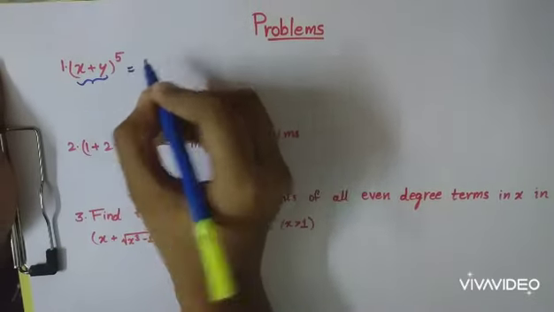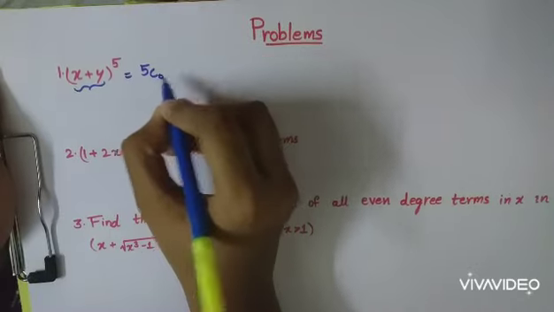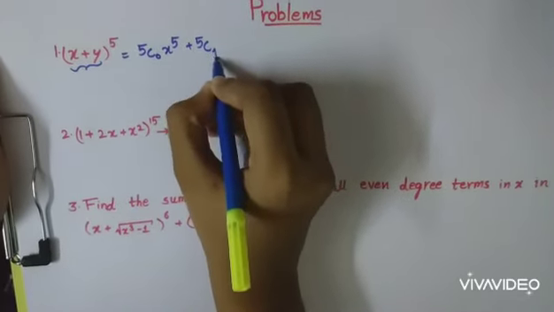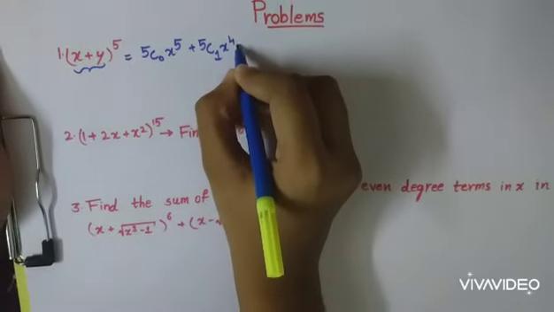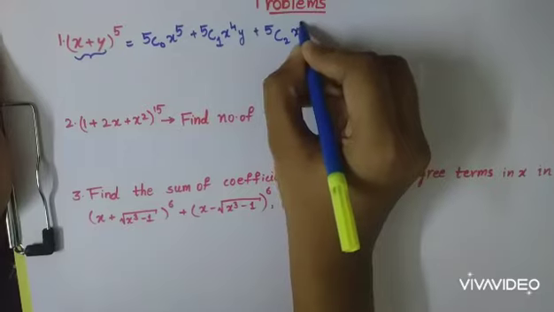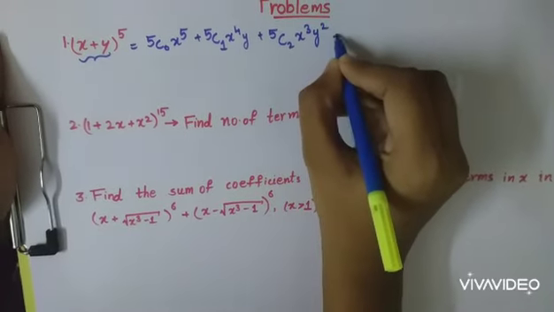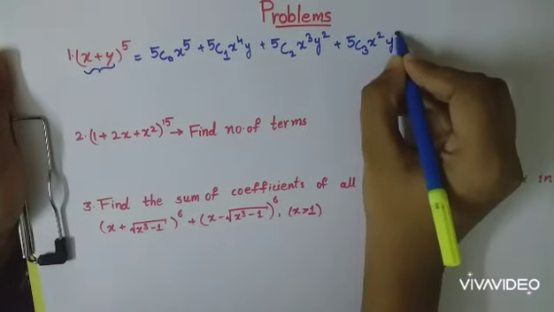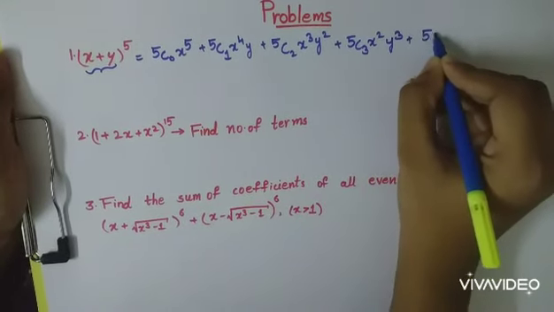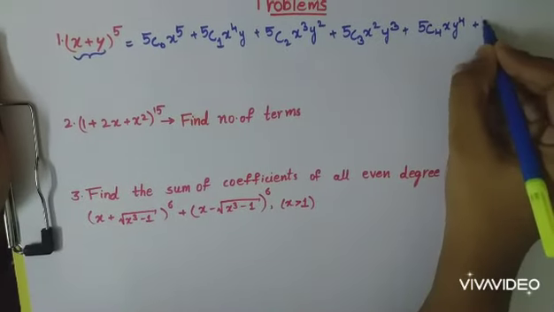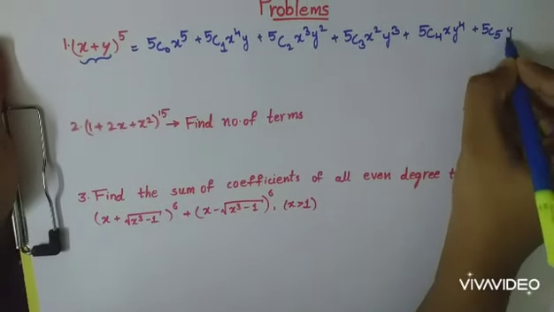So this can be written as 5C0 into x power 5 plus 5C1 x power 4 into y plus 5C2 x cube y square plus 5C3 x square y cube plus 5C4 x y power 4 plus 5C5 y power 5.